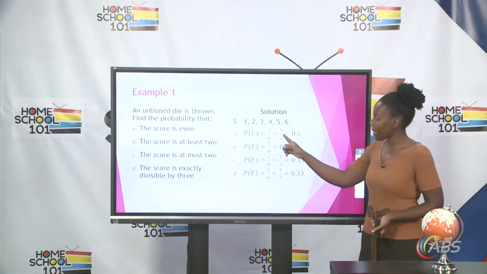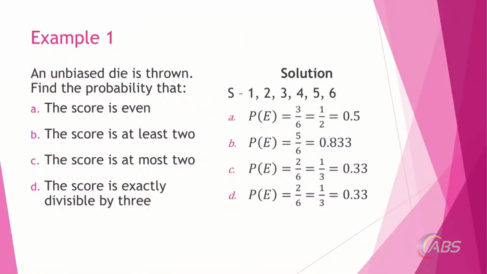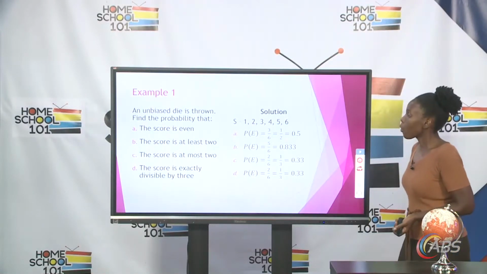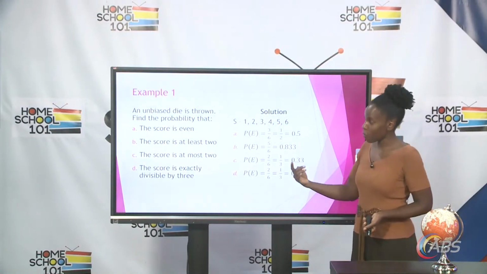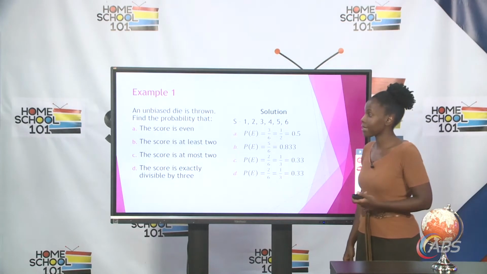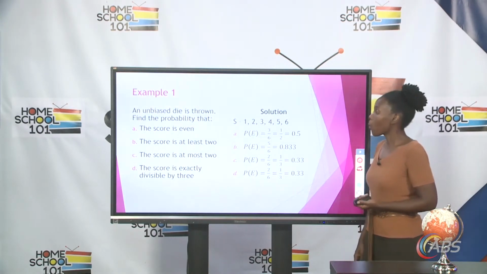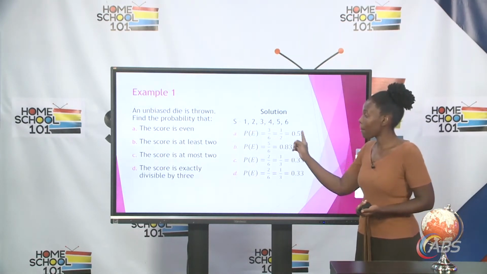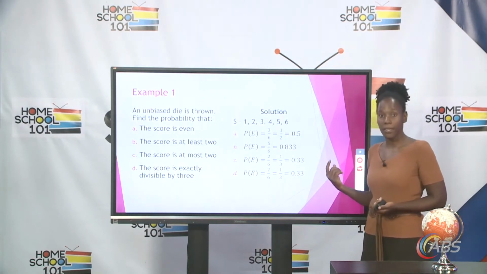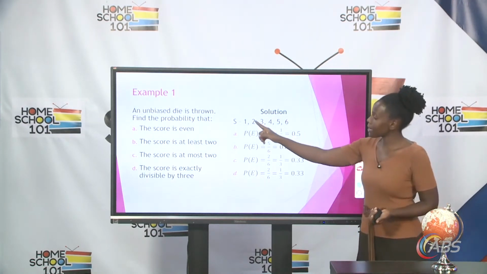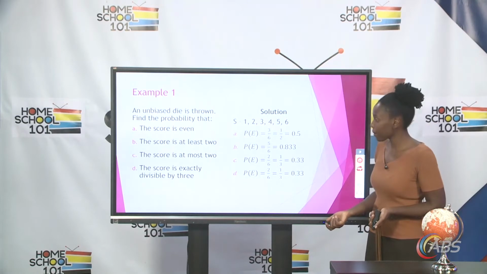Looking at my sample space, here we're applying the sample space method to determine the probabilities. Given each score, for the first one, A, it says the score is even. So I need to look at my sample space and look at the numbers that are even. How many even numbers do I have?